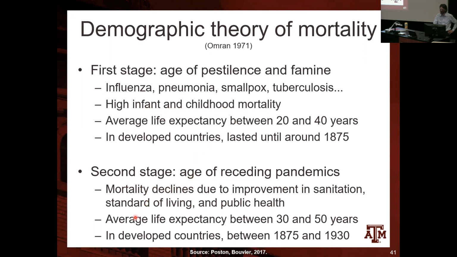So you start to see an increase in life expectancy and people start to live on average between 30 and 50 years. And in developed countries, this second stage lasted between 1875 and 1930.